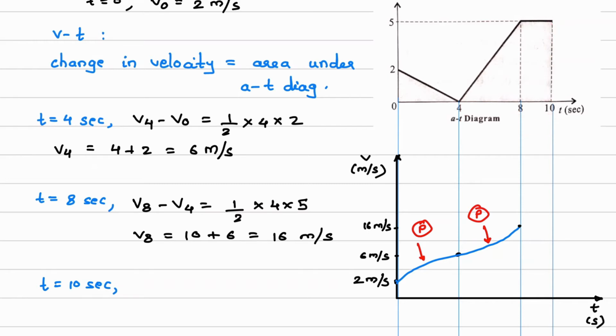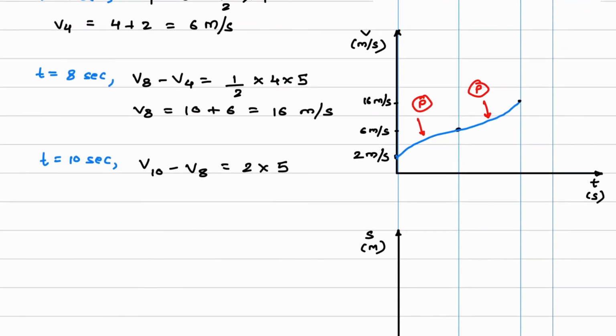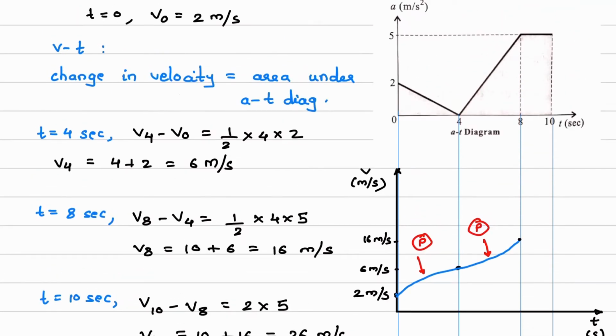So V10 minus V8 is equal to 2 multiplied by 5. Now the V8 value we have already calculated, so V10 will be equal to 10 plus 16, which is equal to 26 meter per second. Now we have to complete the curve over here.